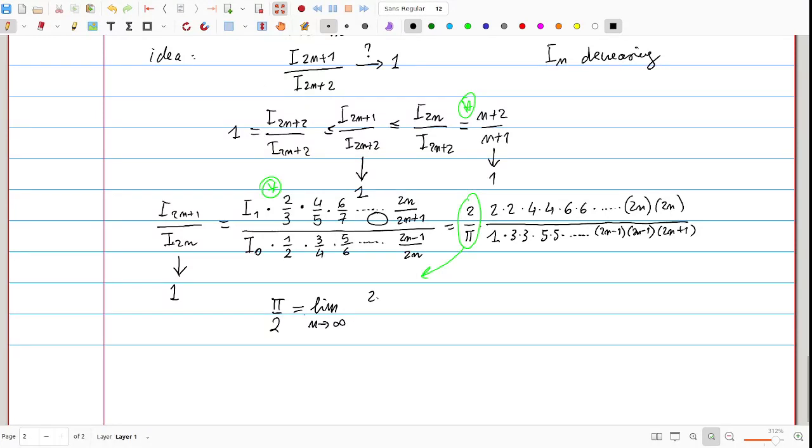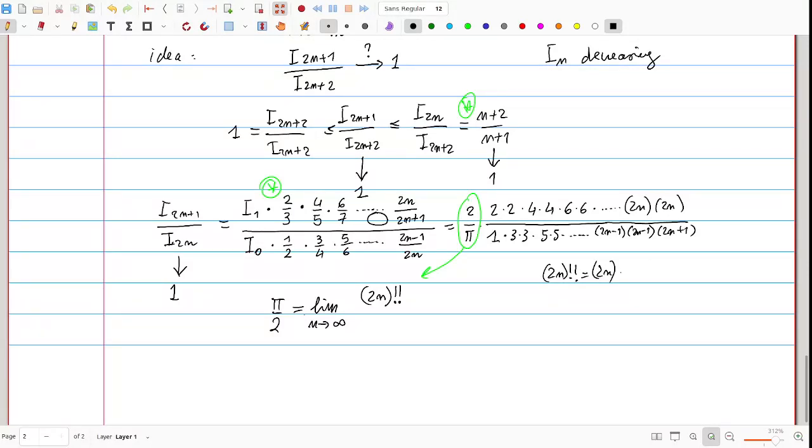This is (2n) semi-factorial. What is the semi-factorial? It is the product of every other factor.